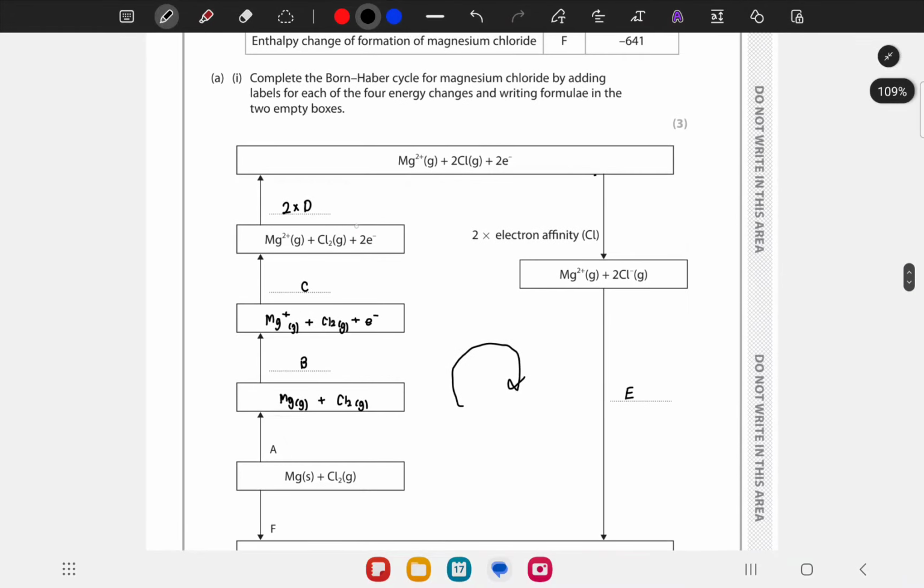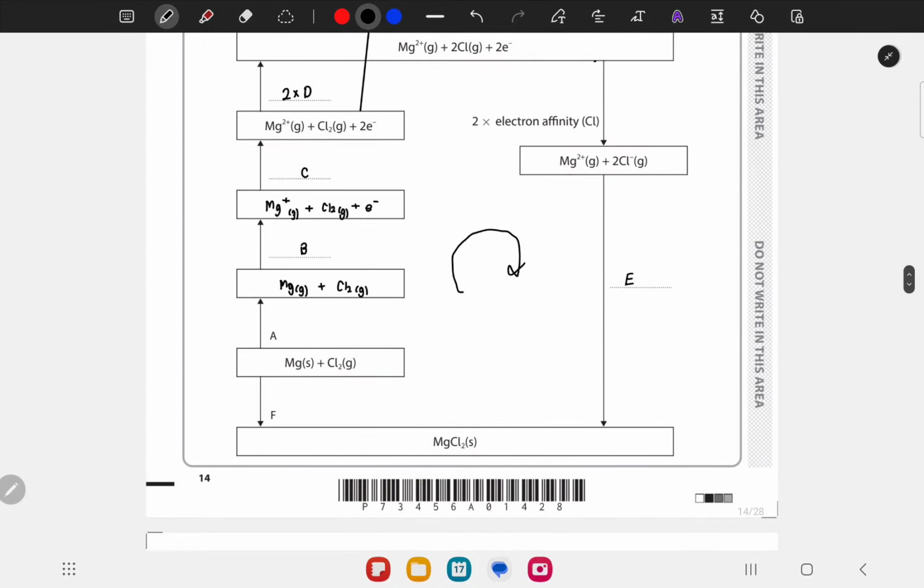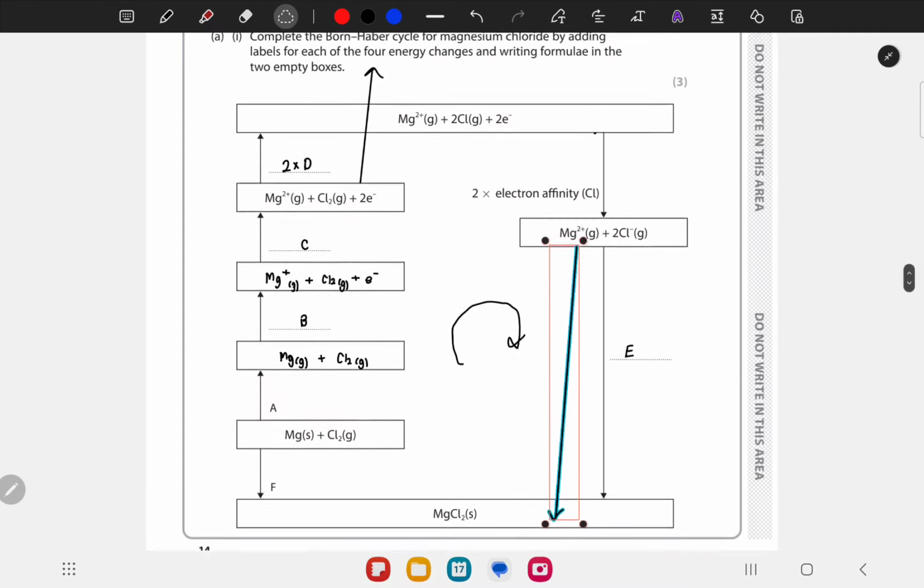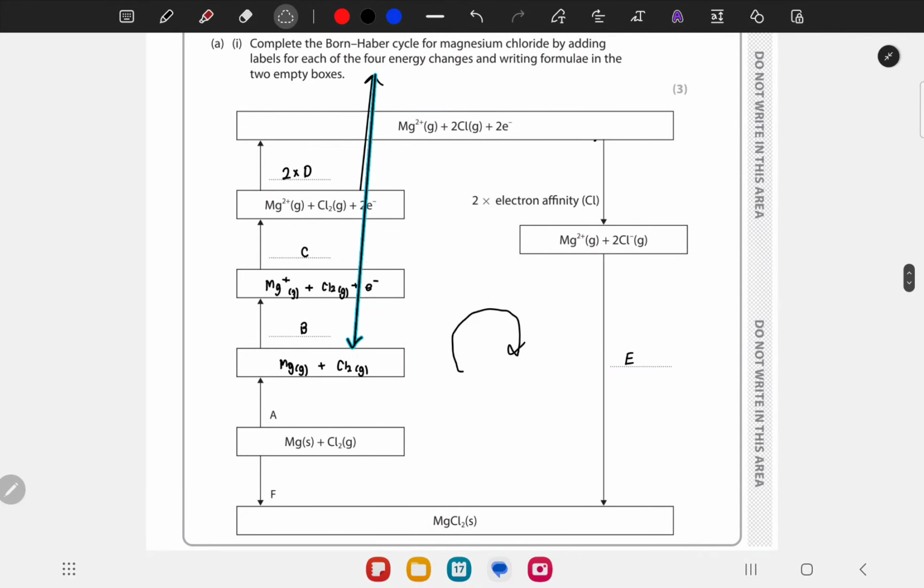So if there is a large arrow over here for the third ionization, but this arrow for E isn't as big, so it will be slightly longer. However, it won't compensate for this, so this minus this will be somewhere over here.